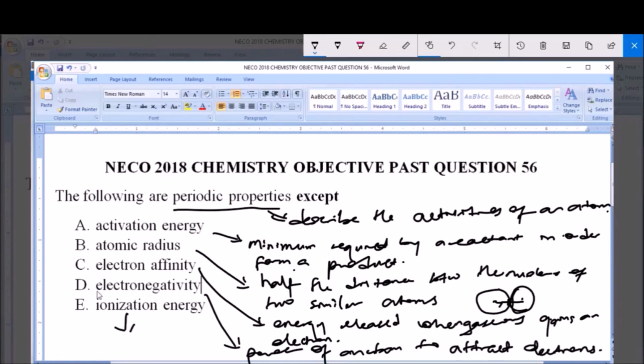Ionization energy is the energy of an atom, or the energy of an element, that is required to remove an electron from a gaseous atom.